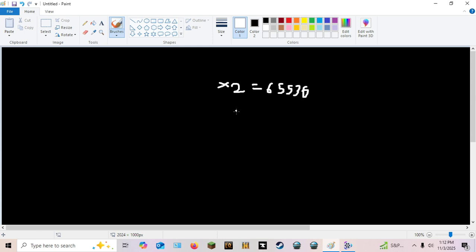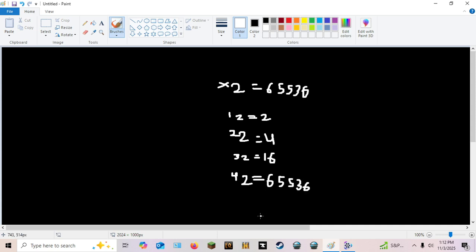Well, 2 tetrated to the 1st power equals 2. And then 2 tetrated to 2 equals 4. 2 tetrated to 3 equals 16. And then 2 tetrated to 4 equals 2 raised to the 16th power, which equals 65,536.